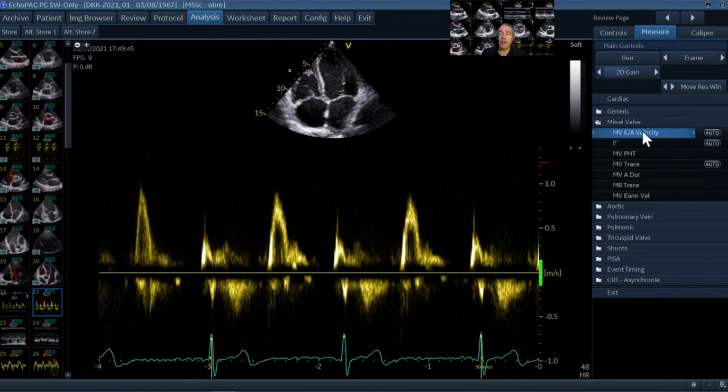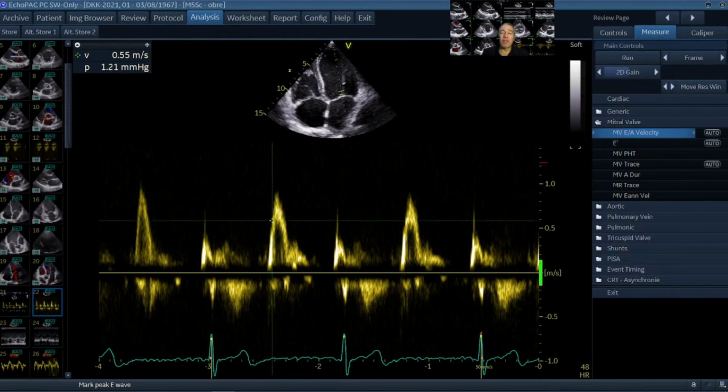So I go for the mitral valve, EA velocity, and I would now measure the maximum early inflow velocity. Please note that I tend not to measure the absolute maximum small signal, but I tend to stay within this broader part here, which is the so-called modal velocity.